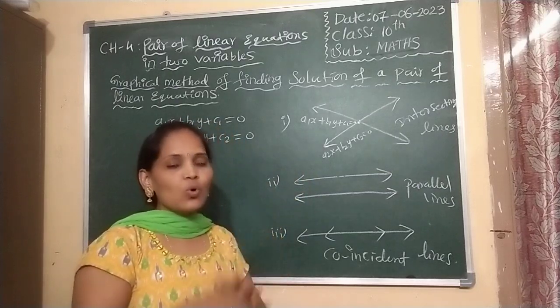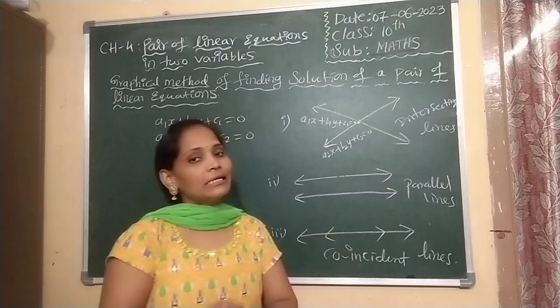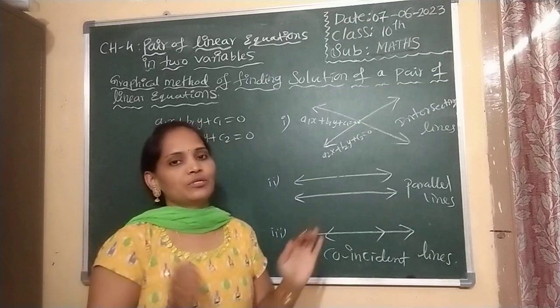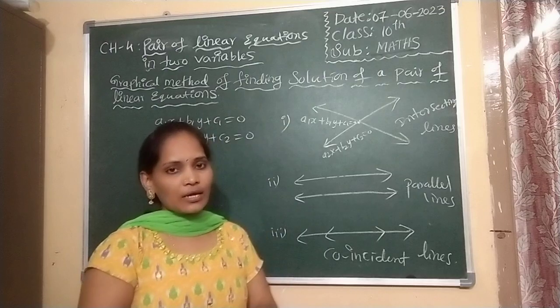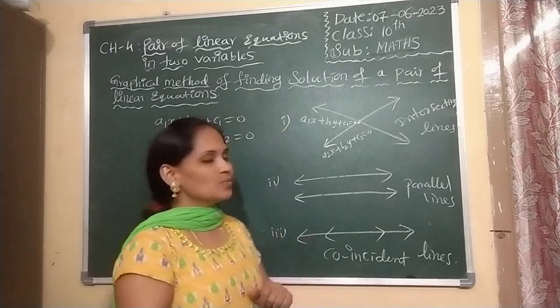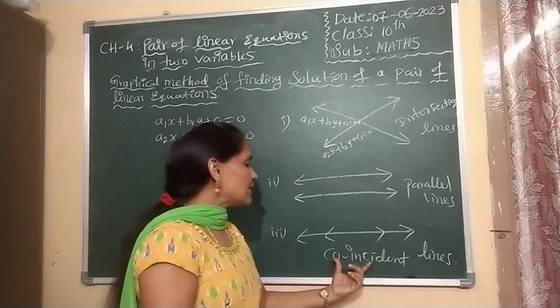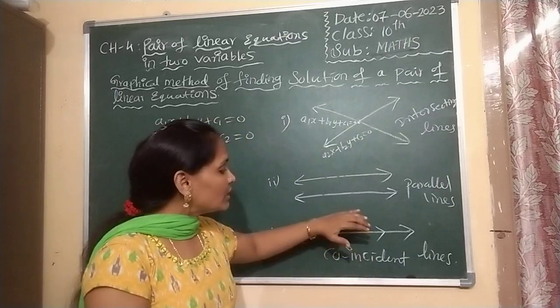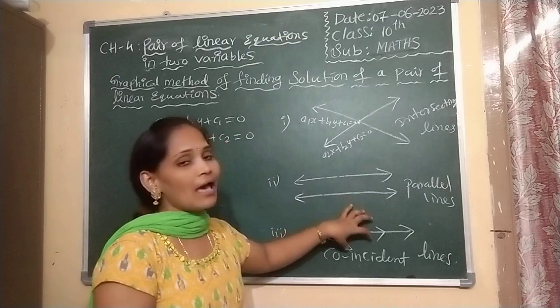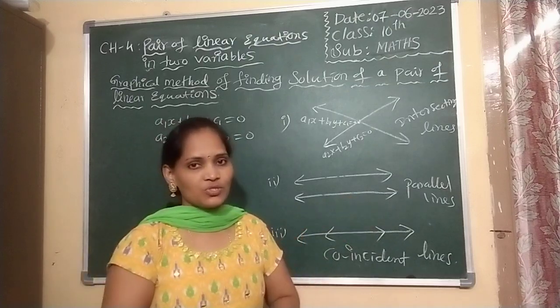There is no common point. They are not intersecting at all. So there is no solution for these parallel lines. Next, the third situation: coincident lines means that this pair of linear equations in two variables has infinitely many solutions.